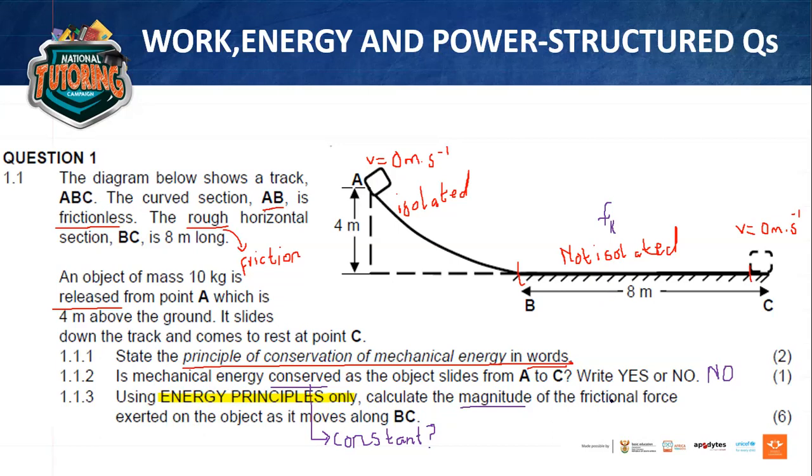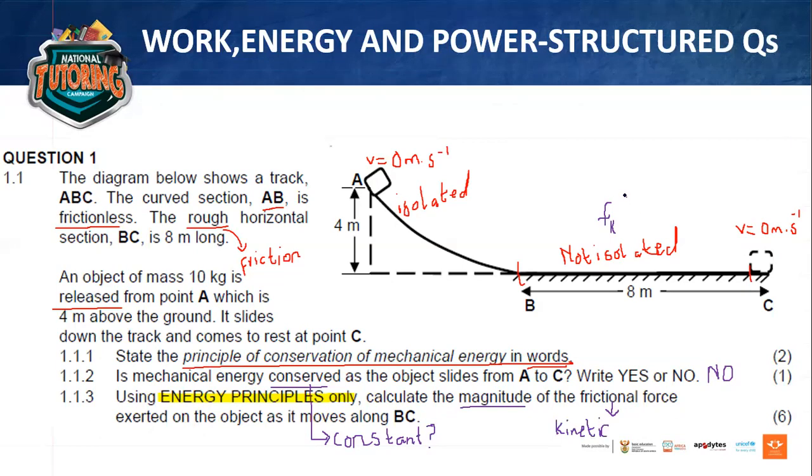Now, we definitely know that there is frictional force here, and I must be able to calculate it. The type of frictional force that we are dealing with here is definitely kinetic frictional force, because the object was in motion. Remember, if the object was static, meaning stationary, and there is frictional force, then it would be static friction.